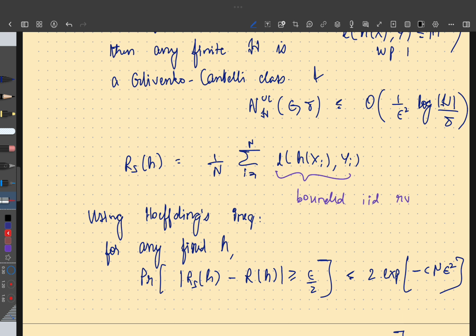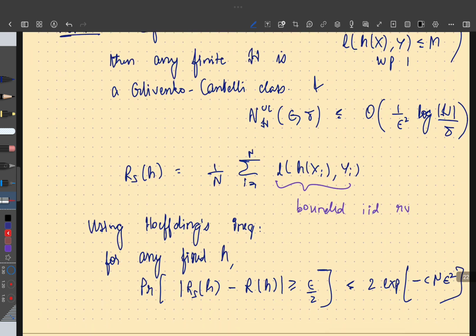And why do we call the Glivenko-Cantelli class property the uniform convergence property? What is uniform convergence here? Uniform convergence means that the empirical risk is converging to the average risk uniformly. When I say uniformly, it means that for all the functions in your class, the rate of convergence of the empirical risk to the average risk is the same.